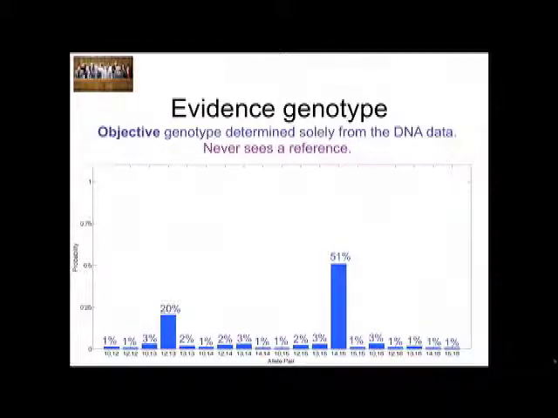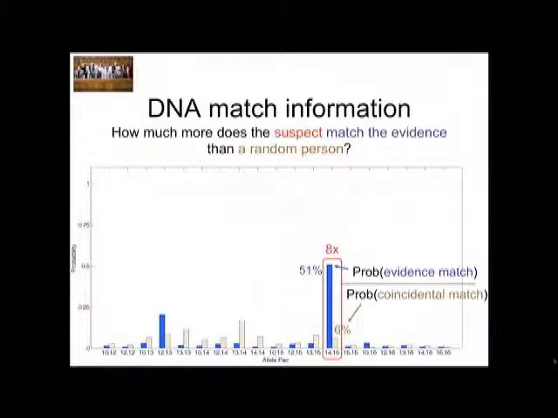At this point, the computer and the process has never seen the suspect. It doesn't know what the answer is. It can't even compute a match statistic because it has nothing to compare with. But this is the sort of information that's numerically written down in TrueAllele's database. And then when a person makes a comparison, they download this evidence genotype together with reference populations and with known references to make a comparison with.